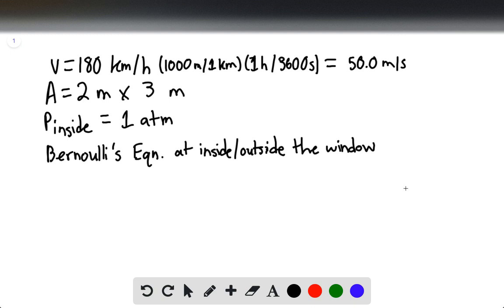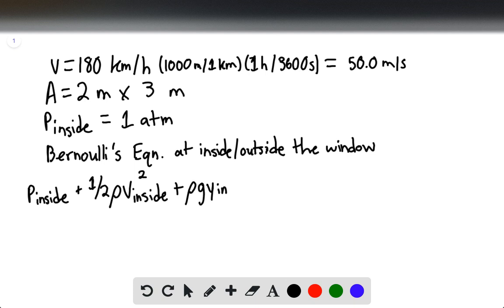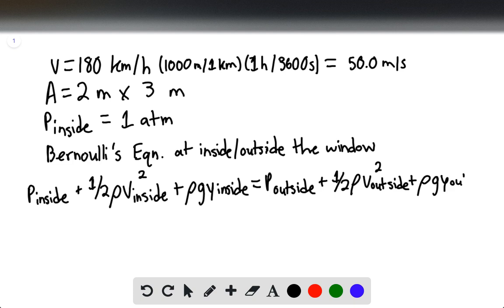And so we're going to say that P inside plus half rho V inside squared plus rho g y inside is going to equal P outside plus 1 over 2 rho V outside squared plus rho g y outside.